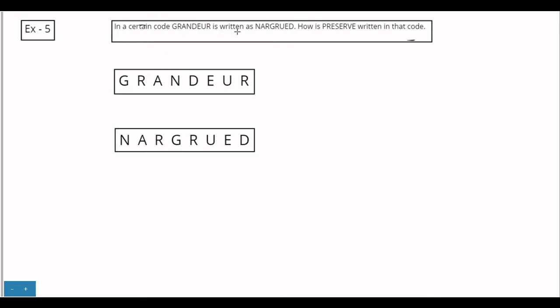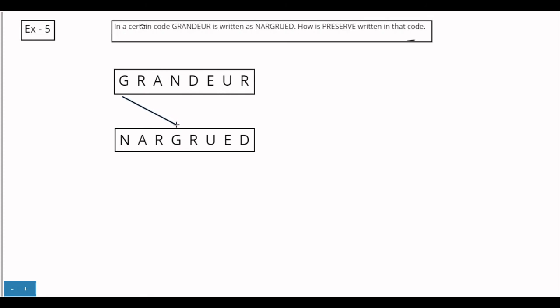So in this example, grandeur is written as Nargrued, and how is preserved written in that code? In this code, you will notice that all the letters are there, like all the letters in grandeur are there in Nargrued as well. So there must be a code in it only. Let's see.